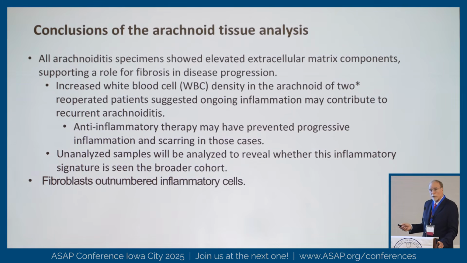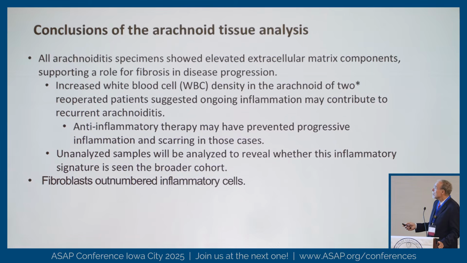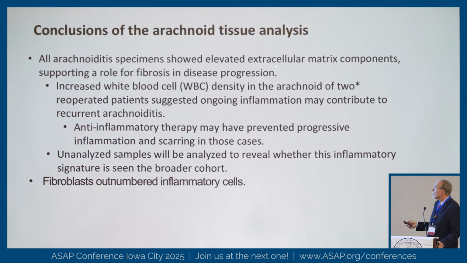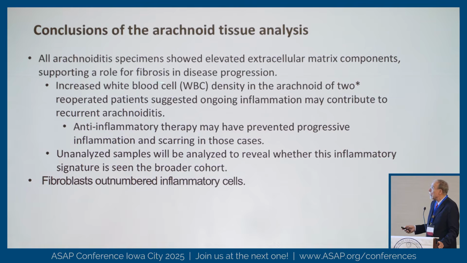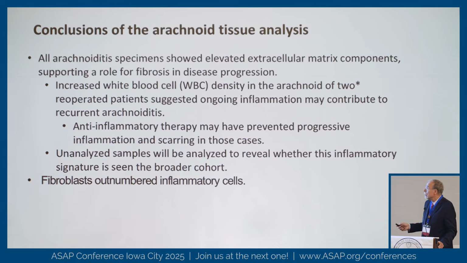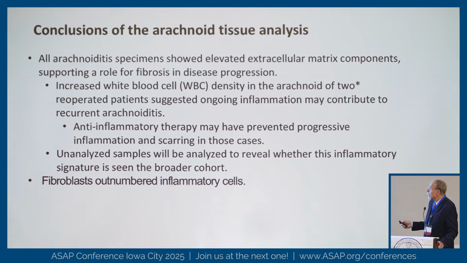So our conclusion from this was that all the specimens showed increased extracellular matrix and fibrosis. We had a couple of patients who had increased white blood cells in the arachnoid, and we should have been clued into that because those people are most amenable to anti-inflammatories working.